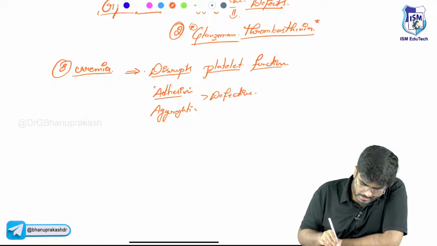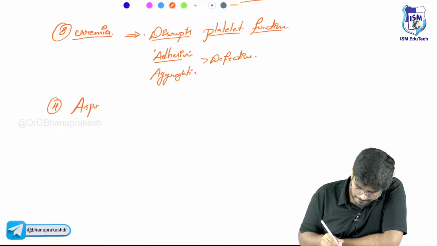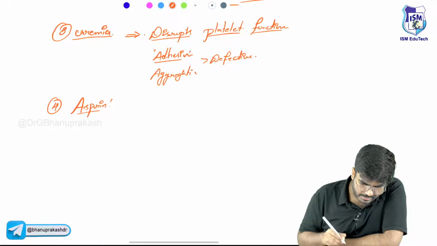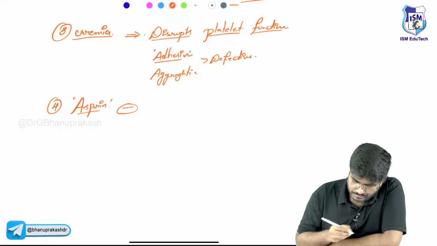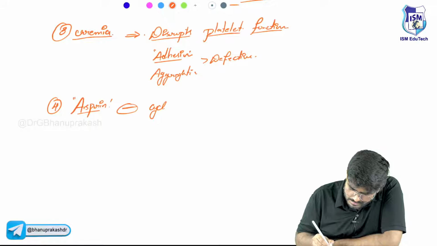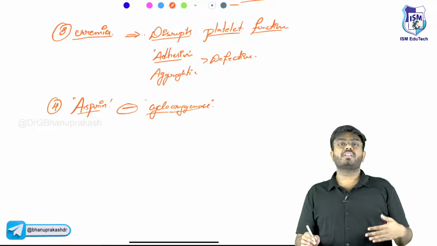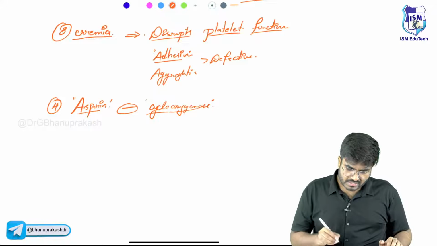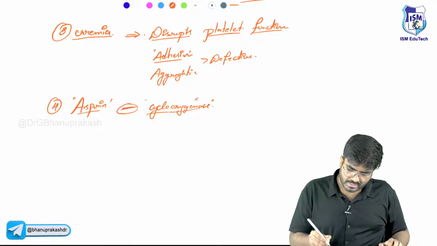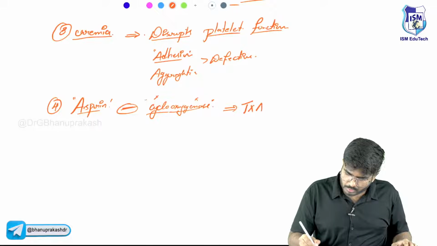And for example, if the patient is using aspirin, what is this aspirin going to do? Aspirin will inhibit cyclooxygenase, you know it. Now, the cyclooxygenase pathway is very important for the production of prostaglandins, and prostaglandins will be converted into thromboxane A2. Once cyclooxygenase is inhibited, what about the thromboxane A2 production?